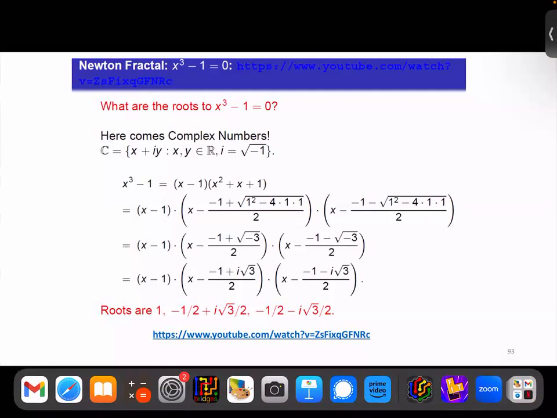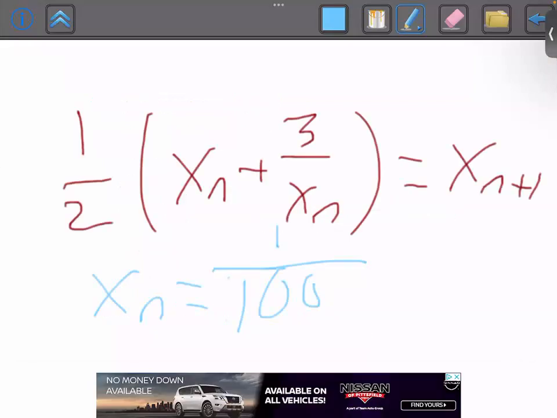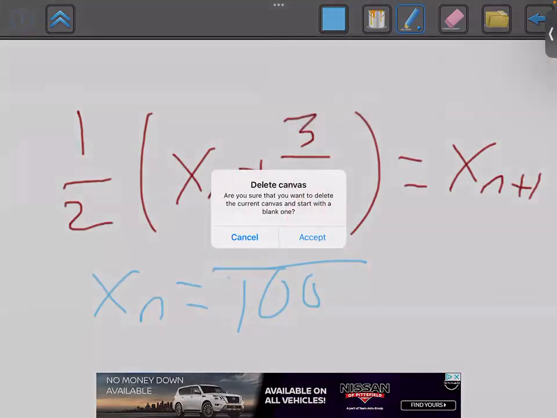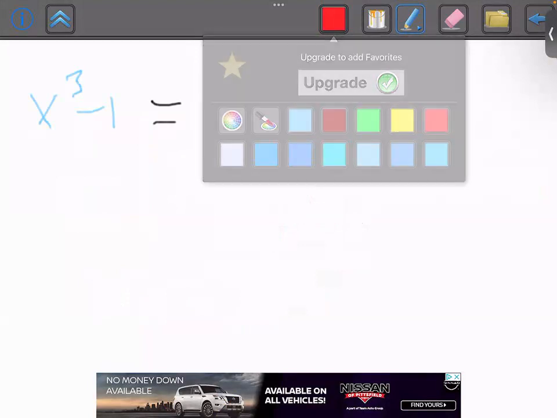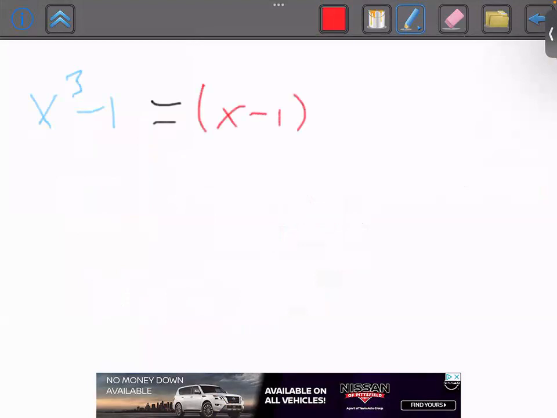If you don't know that, and again, when you're writing expository articles, it's not bad to give people multiple things you could try. Does everyone agree that x cubed minus 1 is equal to x minus 1 times something? So I know it's going to be of the form ax squared plus bx plus c.